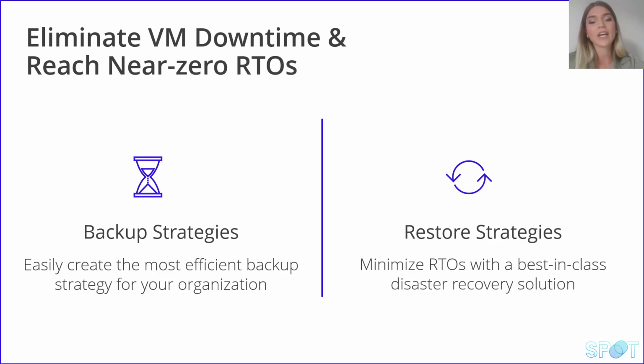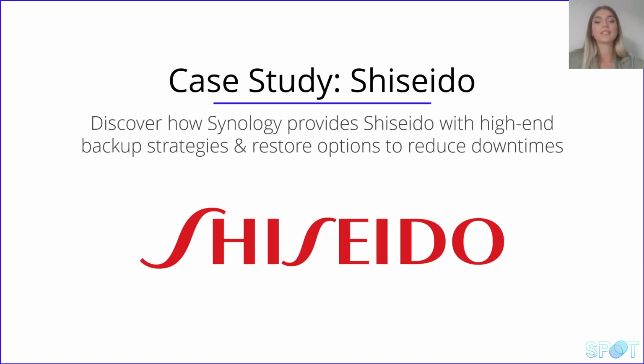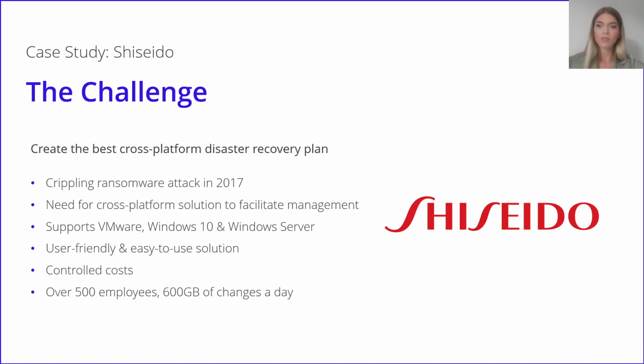And now let's see how you can apply this in a real-life environment with the case study from Shiseido, who selected Synology to reduce their downtime and protect their IT infrastructure. The issue was that the company had problems with a ransomware virus, and many of the employees' PCs were infected.